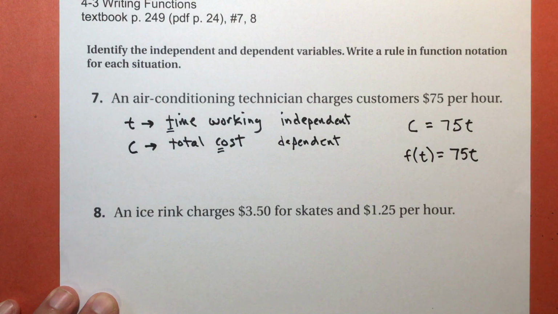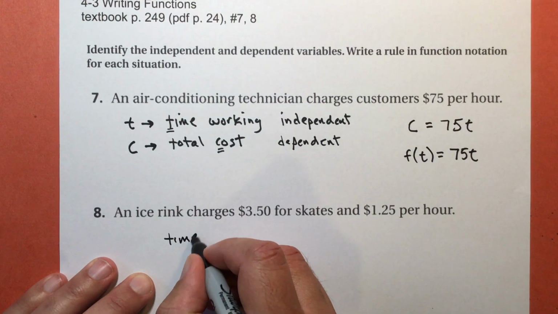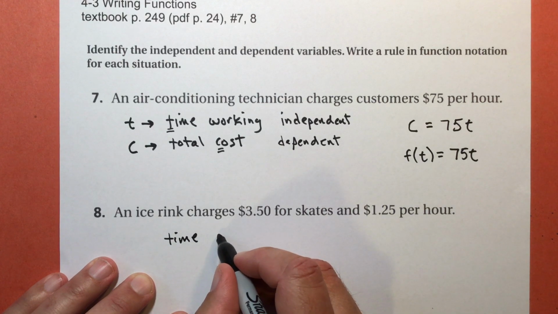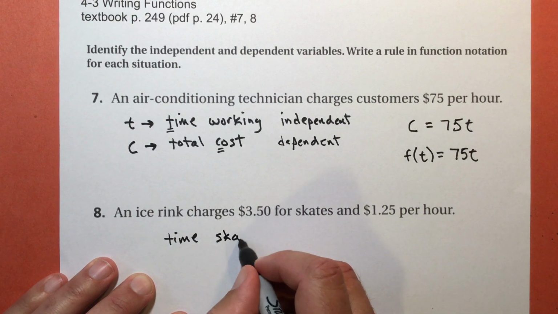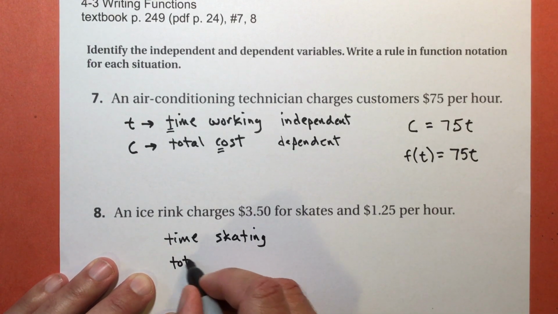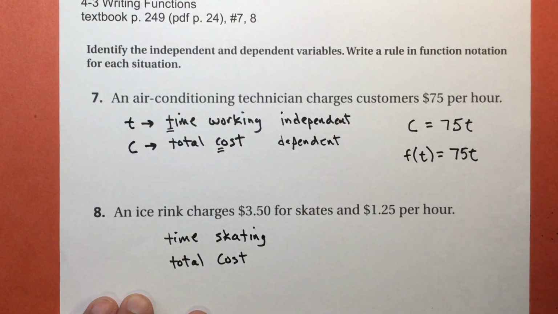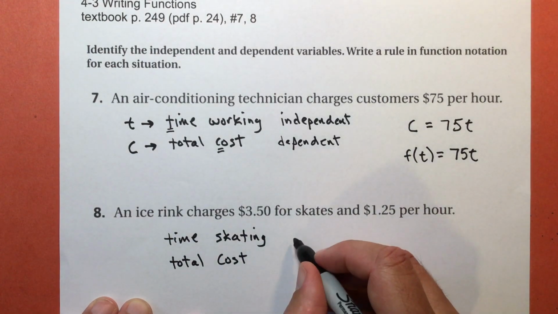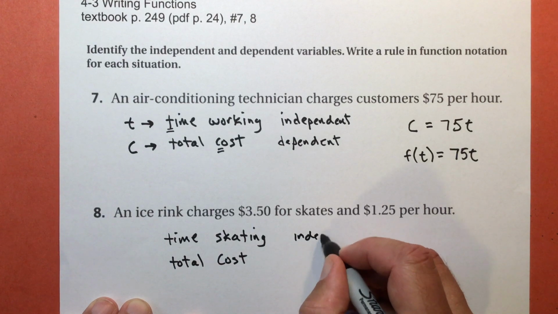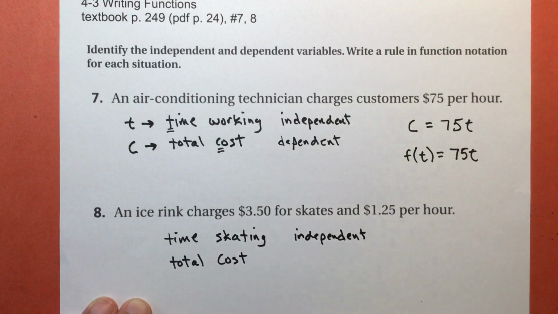All right, there are two things that we measure here. The time, and in this case, this is the time that you are spending skating. And one more time, no pun intended, we have the total cost, how much you're going to pay to go skate. This is the independent variable. So if you go to this ice rink, you get to decide how long you are going to skate.